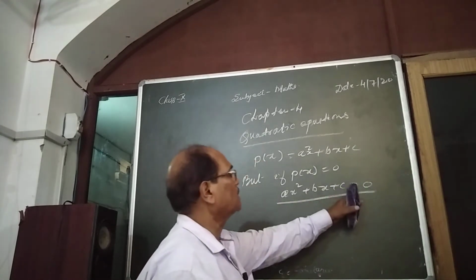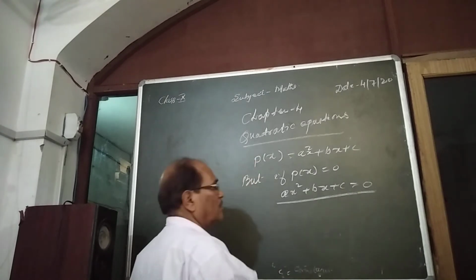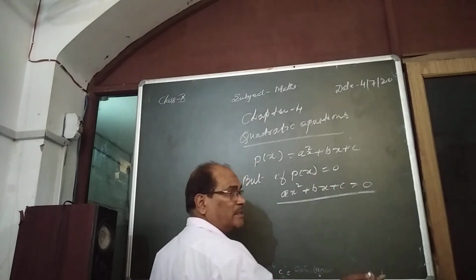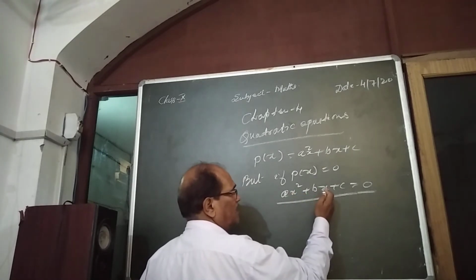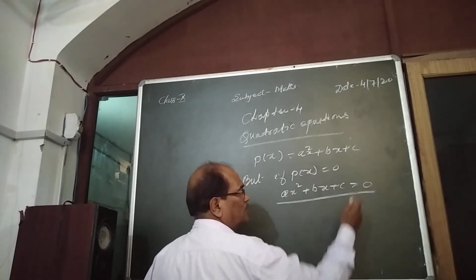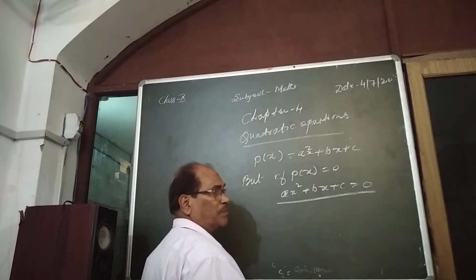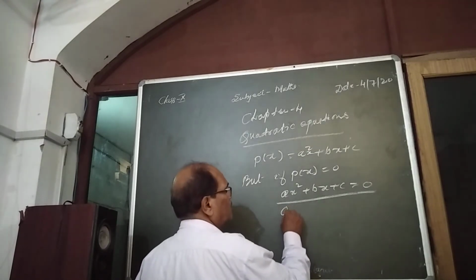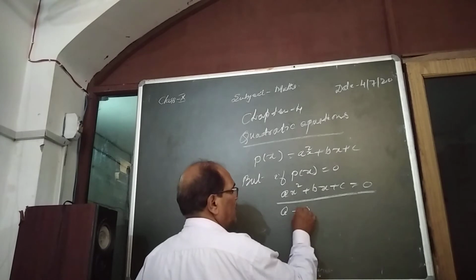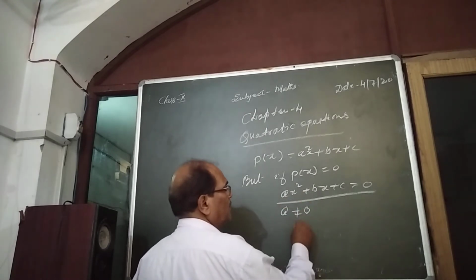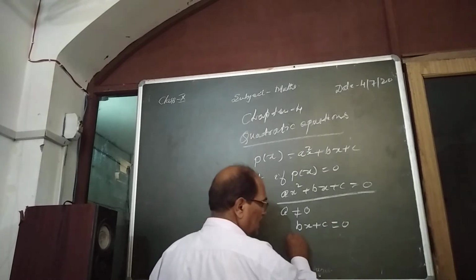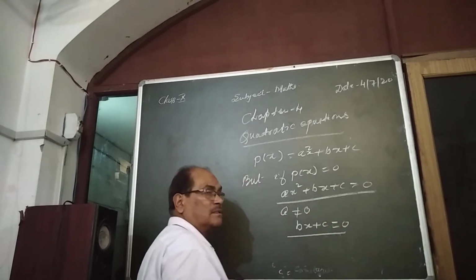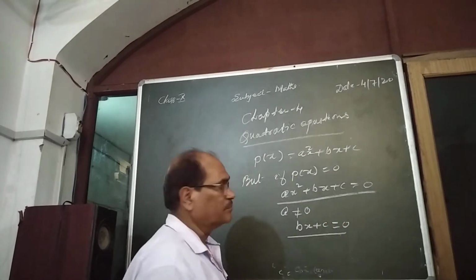Equation means an equal sign, and we have to find the value of x, the variable. If you put this value on the left side, the result will come equal to 0. Here a should not be equal to 0. If a is 0, the remaining bx plus c equal to 0 is a linear equation. It is not a quadratic equation.